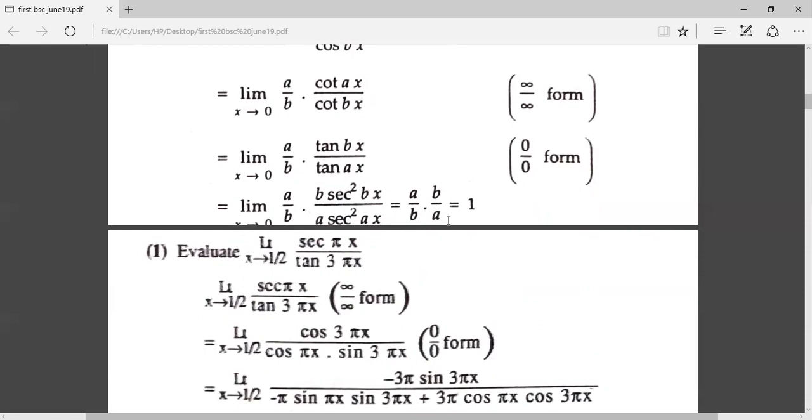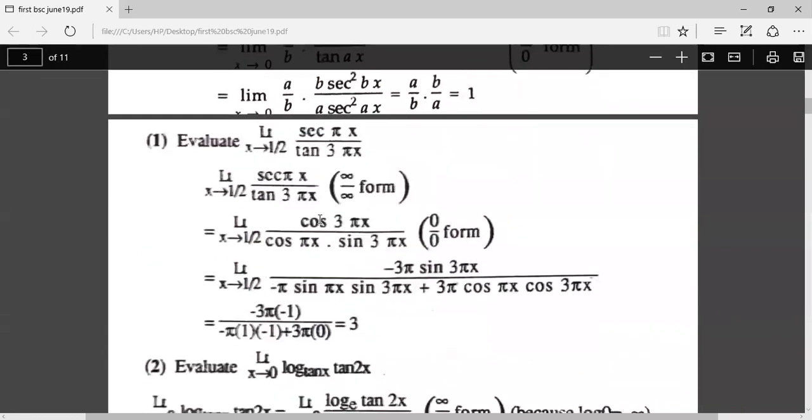You will get b by a, but the final answer is 1 because you have one more a by b. So a by b into b by a, b cancels, a cancels, and you will get 1.